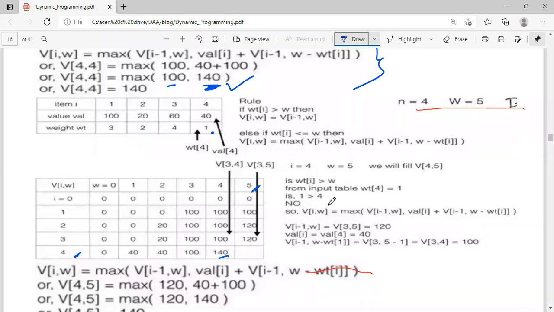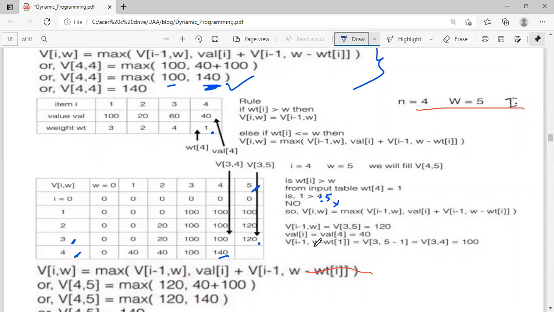Is 1 greater than 5? It should be 5, not 4. So 1 greater than 5, false. So here V of I minus 1 comma W, 3 comma 5. What is present in 3 comma 5? 3 comma 5 is 120.